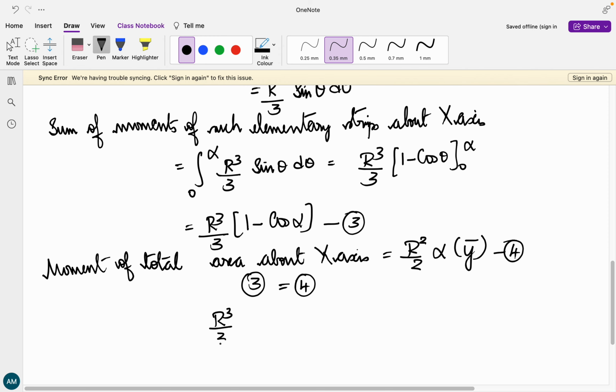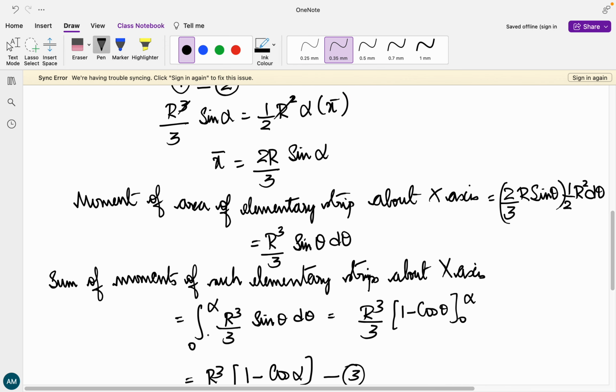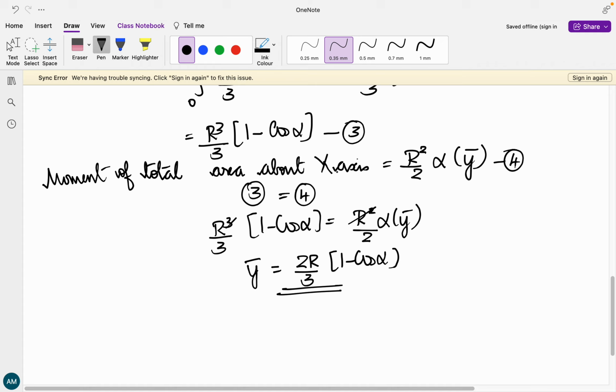It is r cube by 3 into 1 minus cos alpha equals r square by 2 alpha into y bar, or y bar is equal to, r square gets cancelled over here, you're left with only r, 2r divided by 3 into 1 minus cos alpha. So x bar, we have got as 2r by 3 sin alpha. Y bar, you have got as 2r divided by 3 into 1 minus cos alpha.